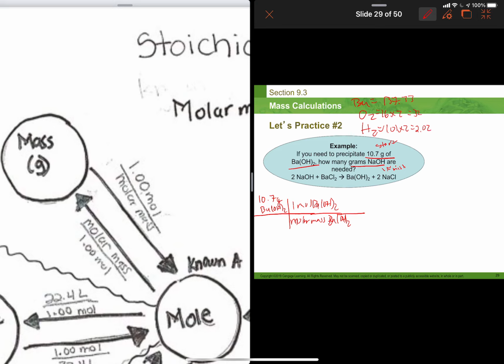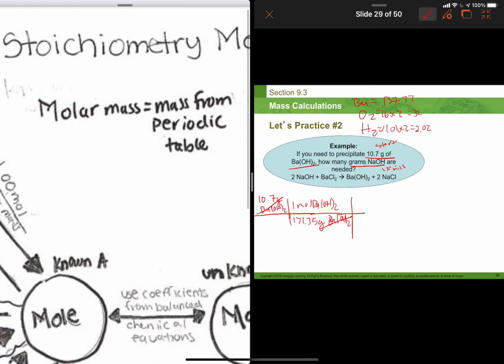All right, and we add everything together. So it would be 137.33 plus 32 plus 2.02. That gives us 171.35. So that molar mass is 171.35 grams of BaOH2. This way we get rid of grams of BaOH2.